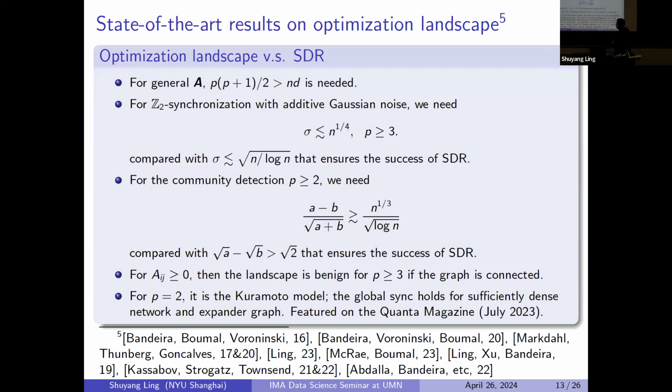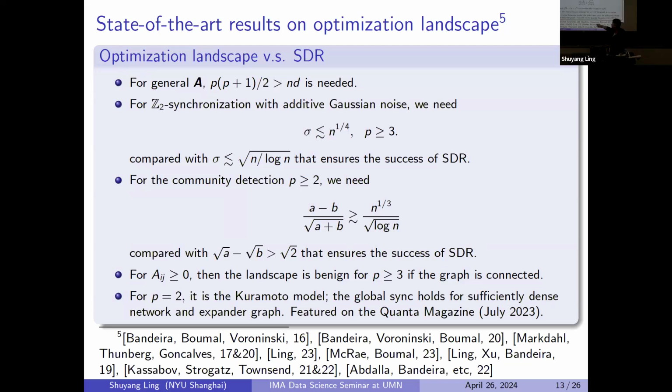And in fact, also the recent work by Strogatz, Townsend, and Bandeira, this group of people at ETH Zurich and Cornell, they show that for the Kuramoto model, if the graph is Erdős-Rényi, as long as it is connected, the landscape is benign, which means with randomly selected initialization, since the graph is random, they would synchronize.